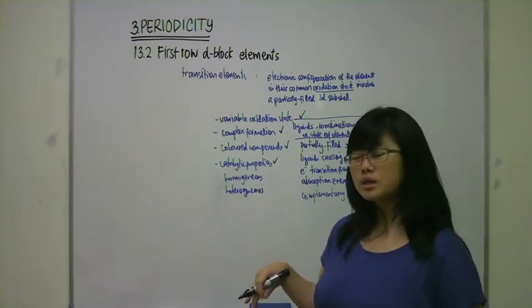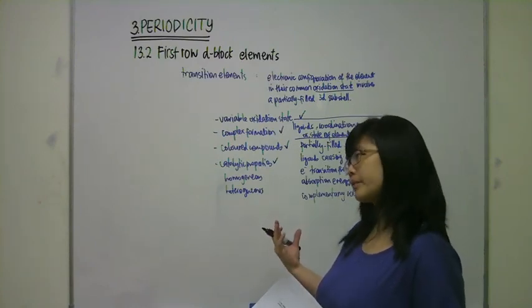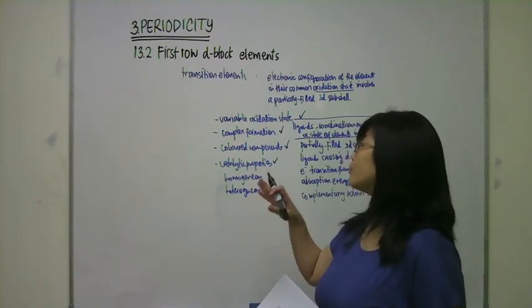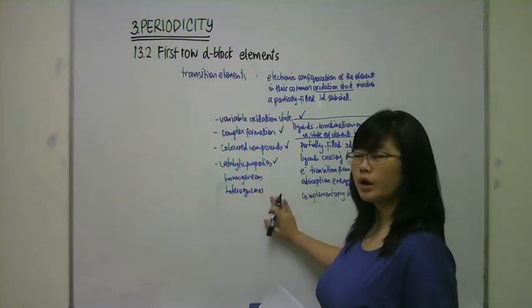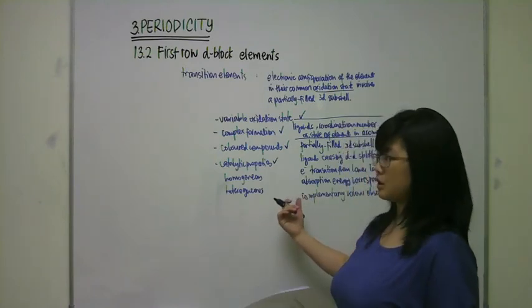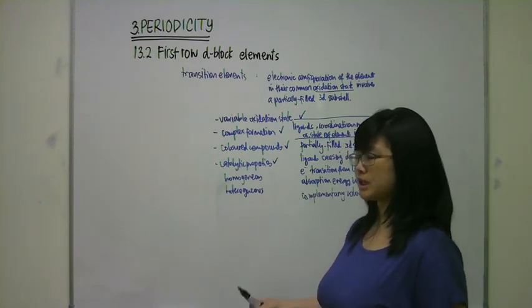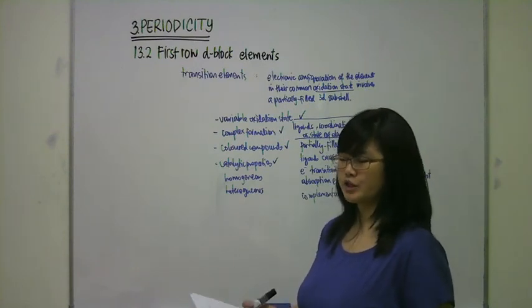And what property of transition elements allows them to be a homogeneous catalyst or a heterogeneous catalyst, and give some examples for homogeneous catalysis and heterogeneous catalysis. That's all for chapter 3.